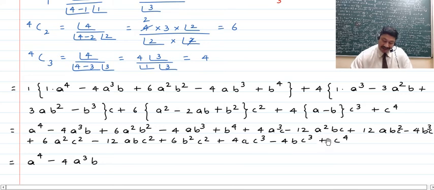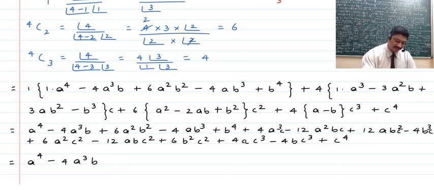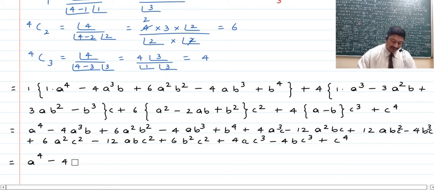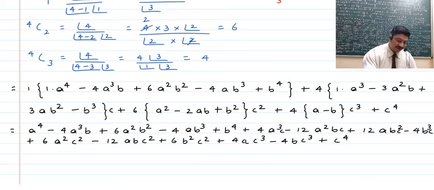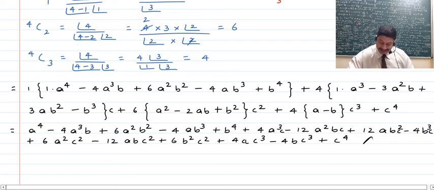Then we have a square bc, a square bc is also not available. As such, now we can finally say that none of these terms are like terms. As such, this that we found out will come to be our final answer, right? And we can now rightly say that we already found out the final answer, that is the last step, and this, children, is going to become the final answer.